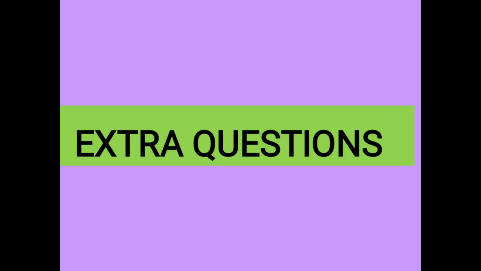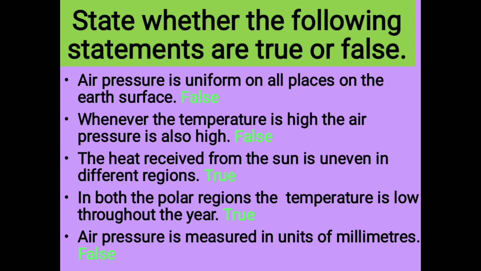Extra questions. State whether the following statements are true or false. Number 1, air pressure is uniform on all places on the earth's surface. False. Number 2, whenever the temperature is high, the air pressure is also high. False.